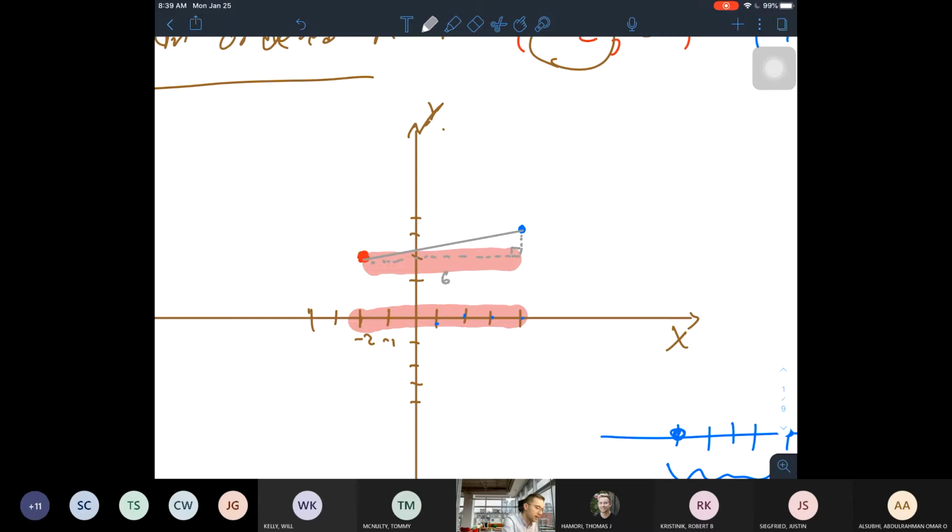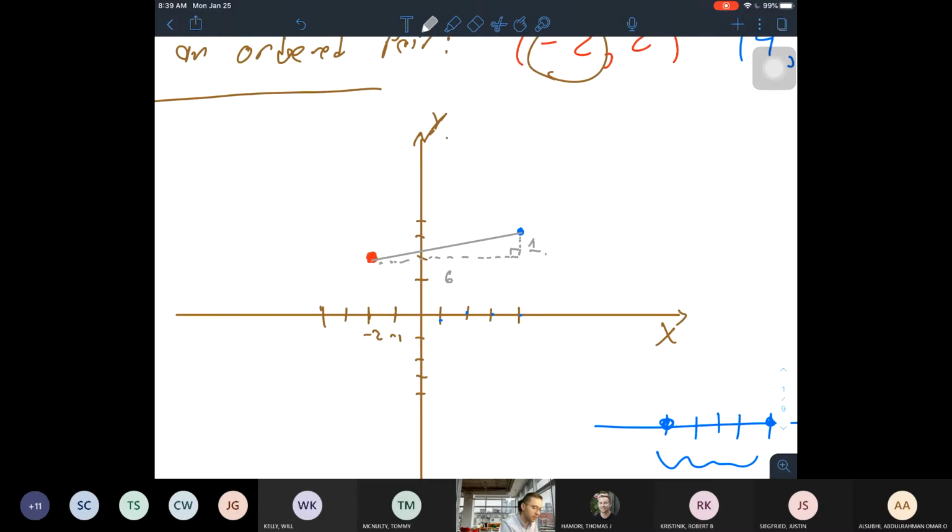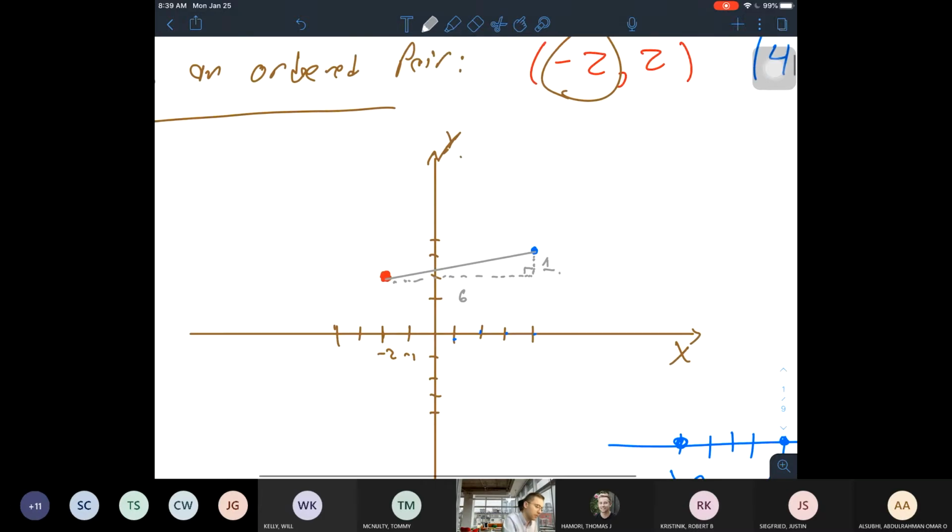And then we would be able to count the Y distance here. It's just going to be 1. So in our case, we would be able to find the length of this hypotenuse by using the Pythagorean theorem, and it would be given by the square root of 36 plus 1. So in other words, it's the square root of 37.